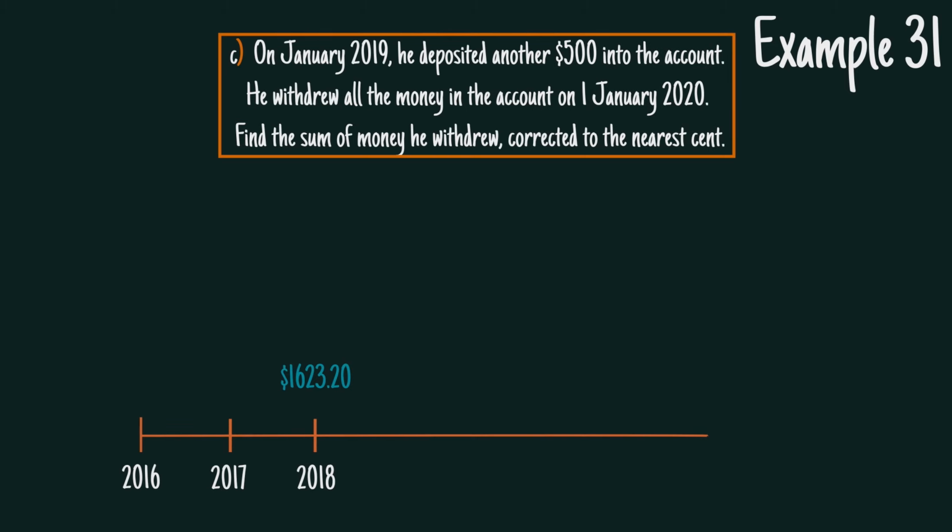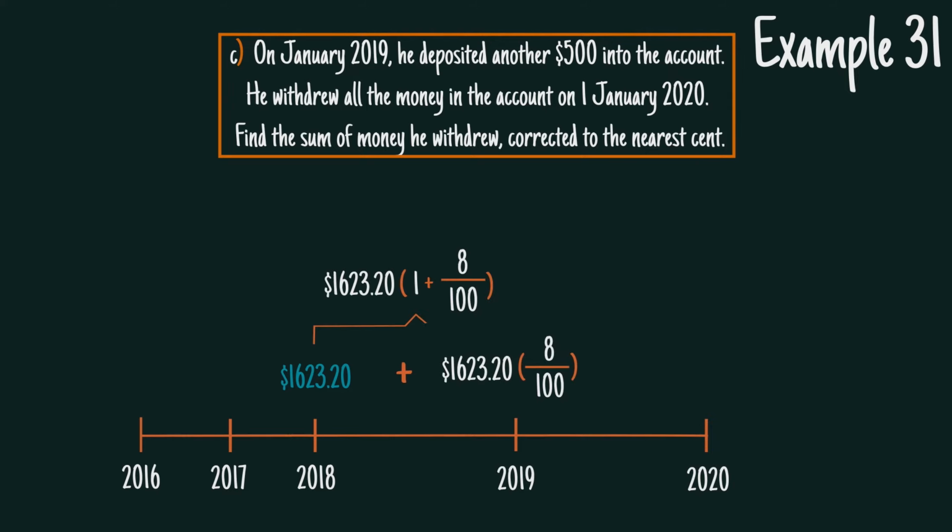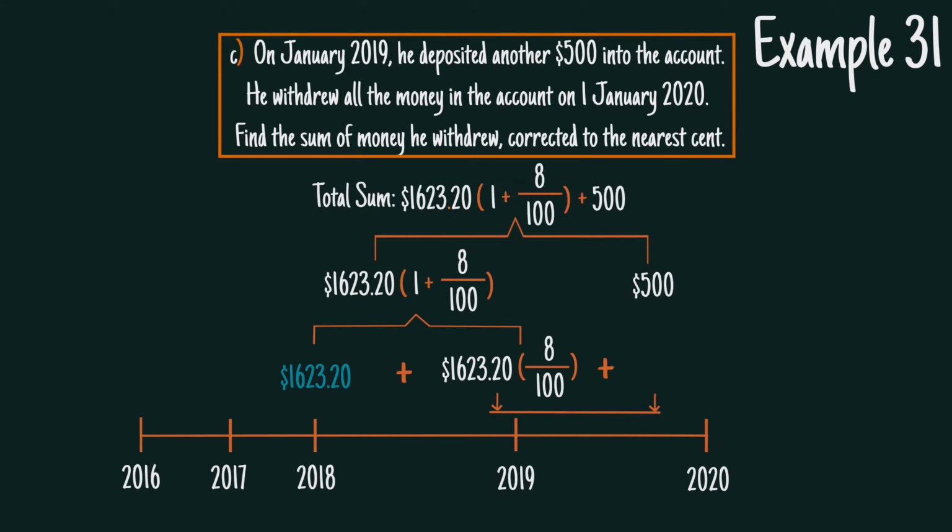In part C, he has accumulated deposits and interest till 2020, working from the amount accrued in part B. The total sum by 1st January 2019 would be $2,253.06.